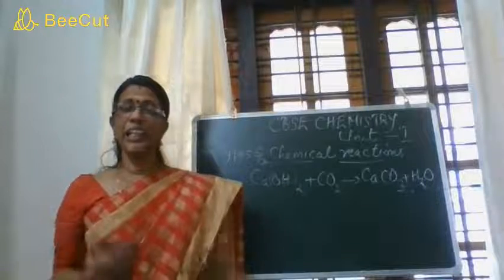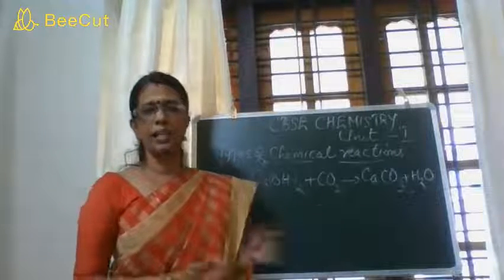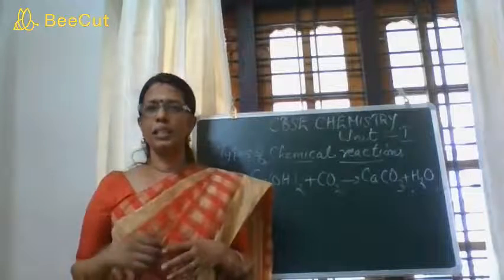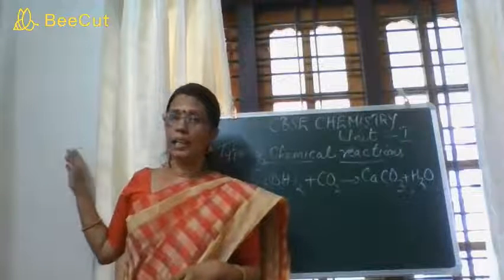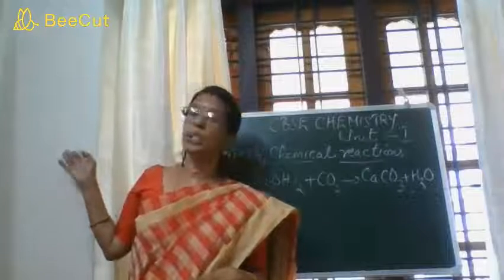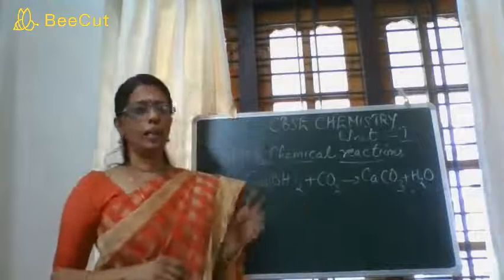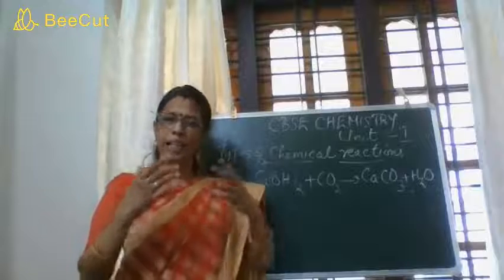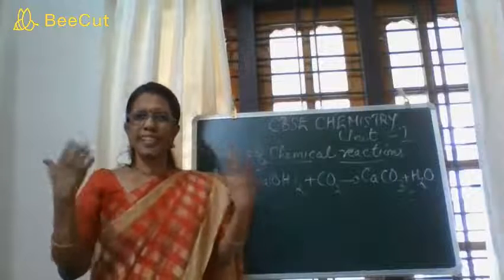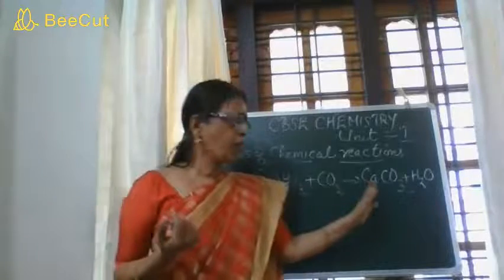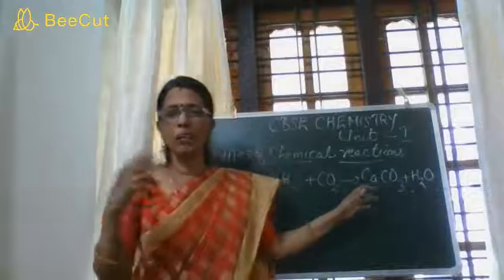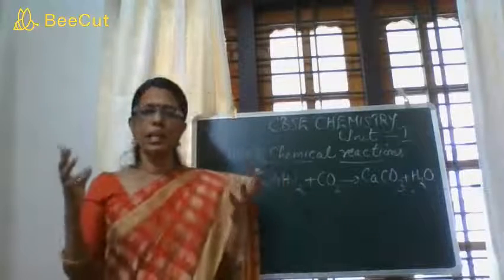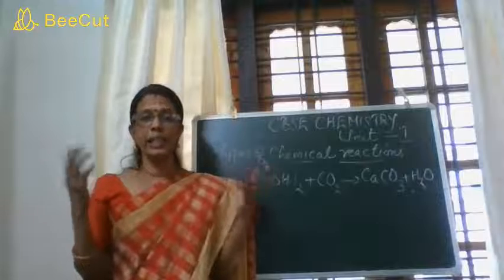In our daily life, we can see this reaction during whitewashing of our walls. When we whitewash our walls using calcium hydroxide, gradually it absorbs carbon dioxide from the atmosphere and forms calcium carbonate. After whitewashing, after 2 or 3 days, we can see the walls having a shiny white appearance.